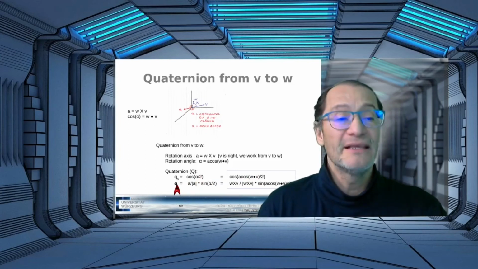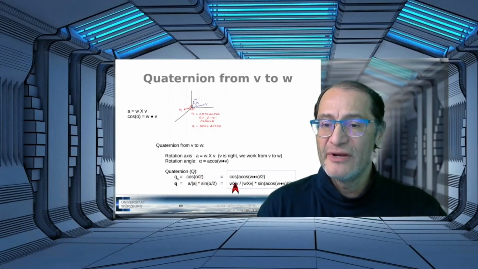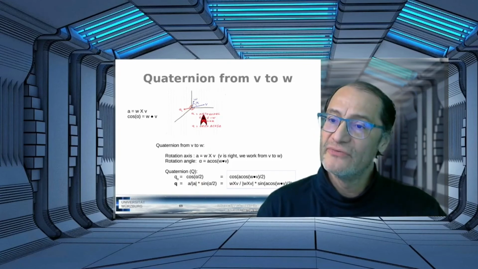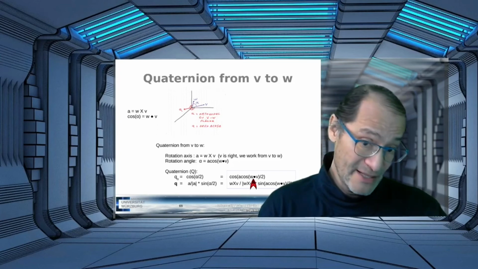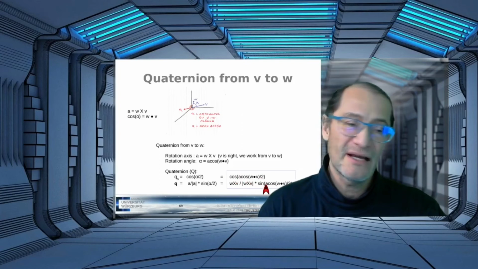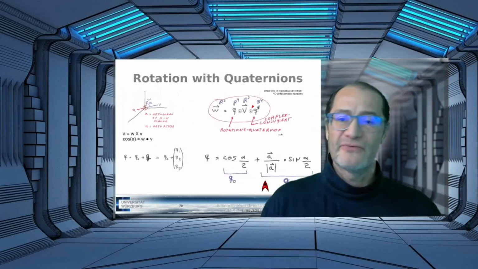Okay, and the rotation vector will be the cross product or the vector product of these two vectors from here to here. Normalize, divide by this length, and then multiply again by sinus of this. This is exactly the same. Here I am having cosinus, and here I'm having sinus. And that is the definition of quaternion.